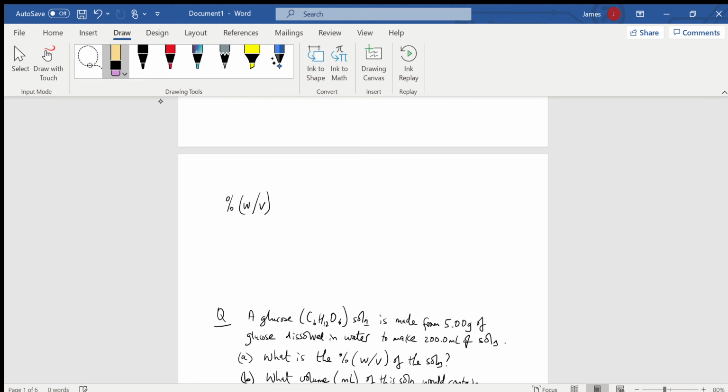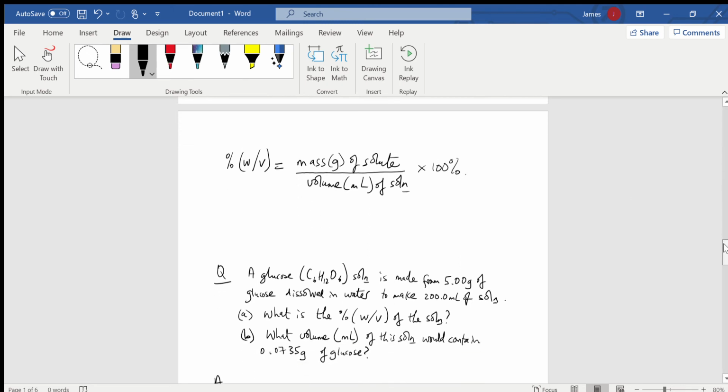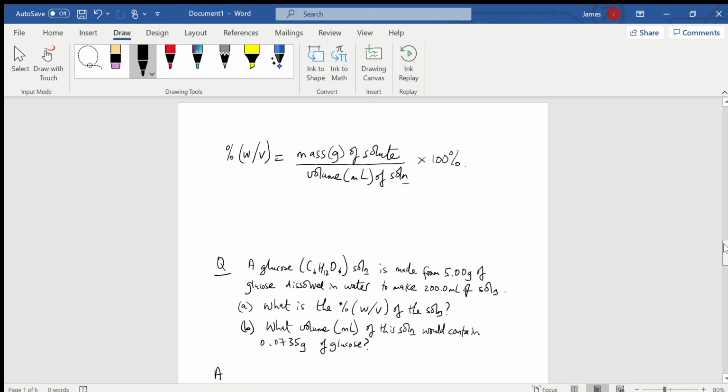This is going to be the mass or the weight, typically in gram, of solute over the volume, typically in milliliter, of solution as a percentage. So it's an intensive property, just a different way to present the intensive property. Much more likely to be used in a biological allied health type situation.